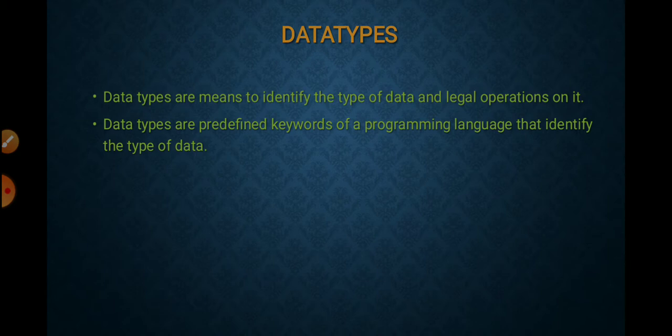Character type literals mean a single character. String type literals are a collection of characters enclosed with double quotation. Numerical type literals are number type. Floating point means decimal numbers. These are some examples of literals.